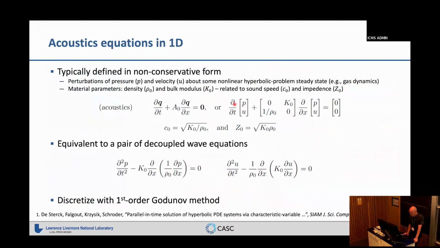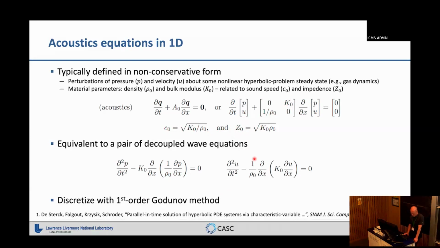So here are the acoustics equations. Unknowns are pressure and velocity, and we have a couple of parameters: density and bulk modulus. And in the numerical experiments, we'll write the parameters in terms of sound speed and impedance, which have this relationship to the original ones here. Turns out that this is equivalent to a pair of decoupled wave equations.